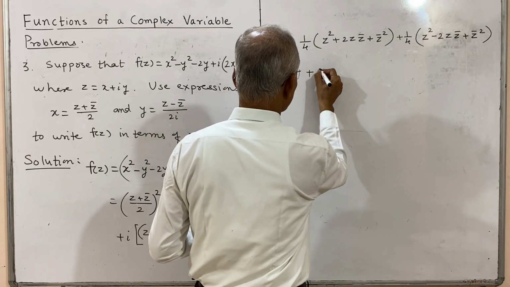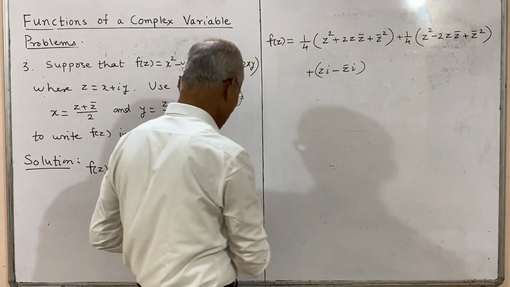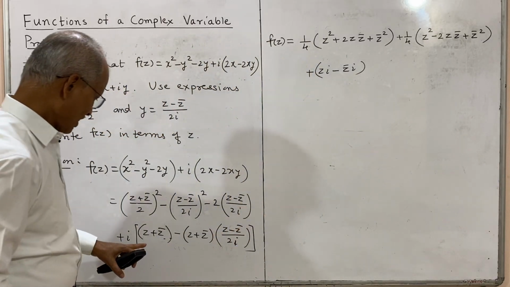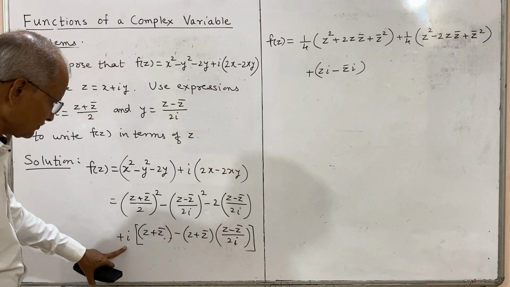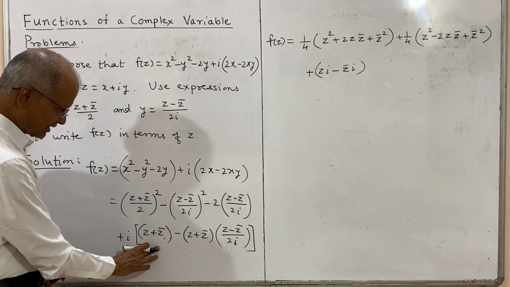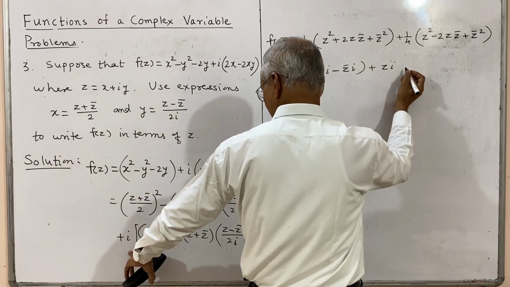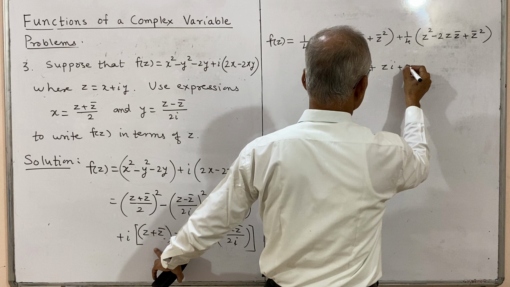So I shall write directly it is zi minus z bar i. Multiplying here by i, you note this. And further, this is zi, we shall multiply by i inside the bracket, and that is plus zi plus z bar i.